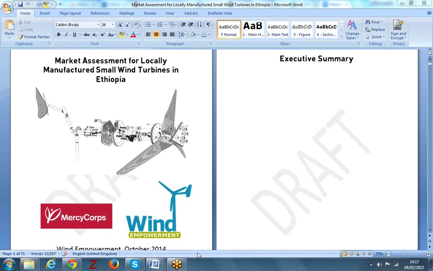But I will compile that information, or the measurements that we have, as a report for internal use with Engineers Without Borders, and I can also share it here with Wind Empowerment. I think that's pretty much what I have since last.